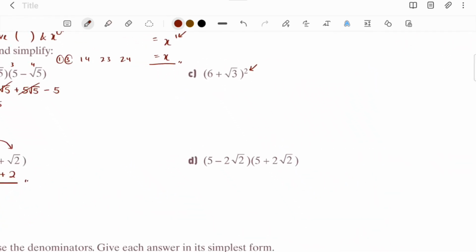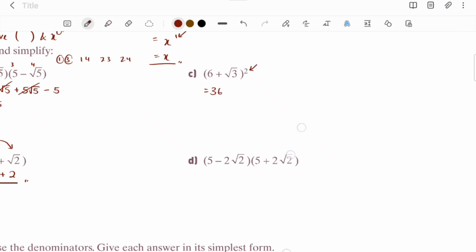Okay, so now I would like you to pause for 5 minutes to try C and D. Okay, seems that you are done. So C, let's open up the bracket first. So this one should be 6 times 6, you get 36.